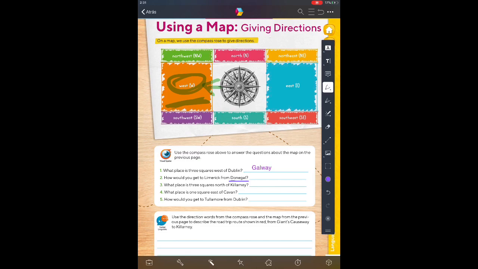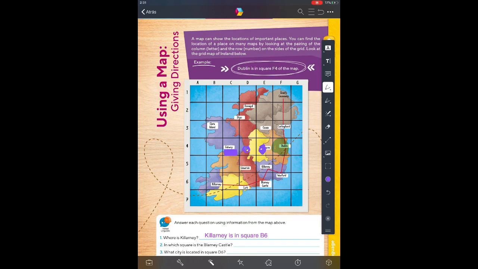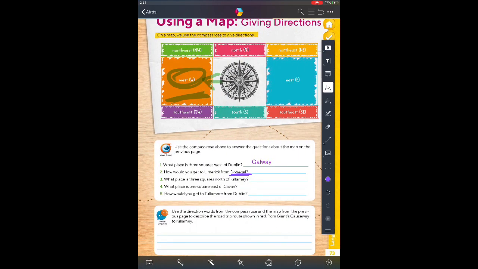So if we go to Donegal, which is here, we need to find Limerick and say how we need to move. How many squares? Into what direction? To northwest, north, northeast, east, southeast, south or southwest.